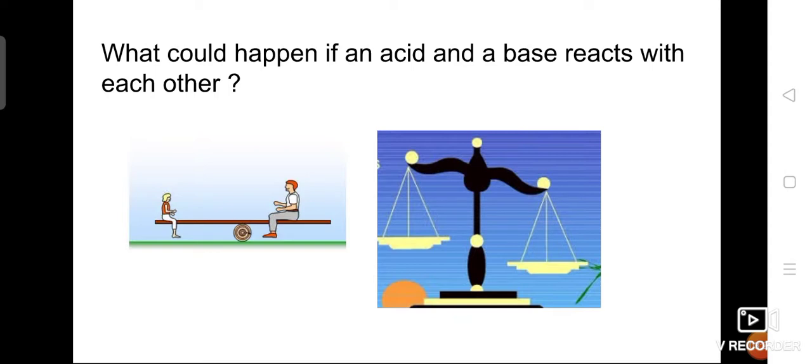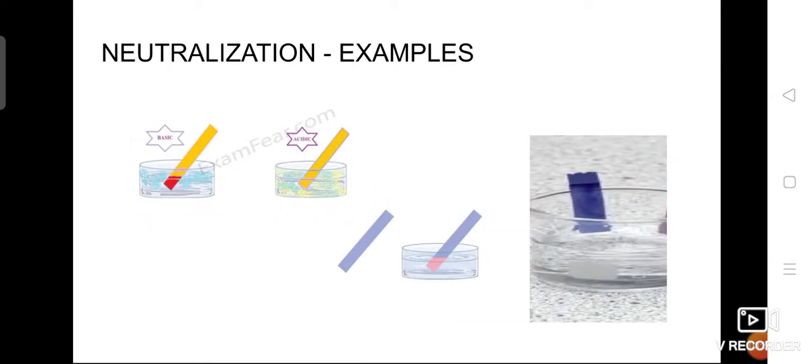If there is too much acid, you have to add base to compensate. If you have too much base, you have to add acid. Only then will it be balanced. For example, in a balance, if both sides have the same weight, it won't move. That is called balancing.